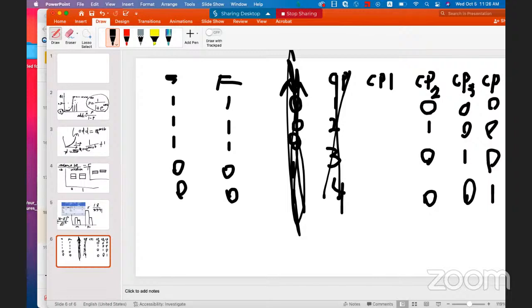Another one means the value is CP2. How about CP1? How about this first person? First person, 0, 0, 0. Do we need another column to represent this? 0, 0, 0 just means that it doesn't belong to any of the groups. It's a CP1, right? This value is a 1.